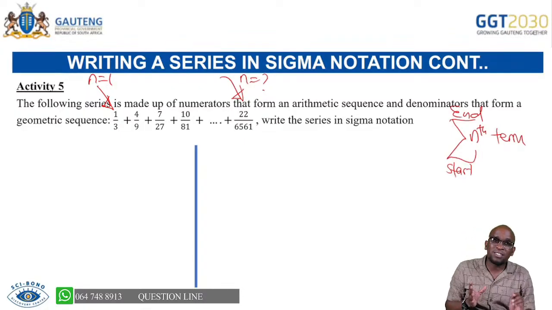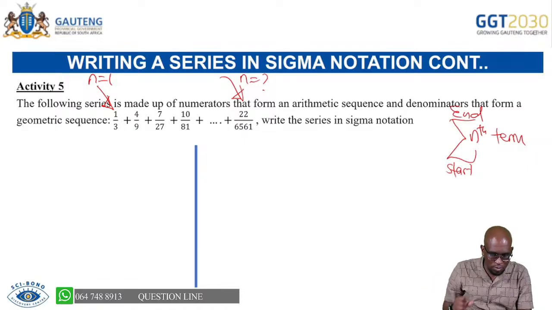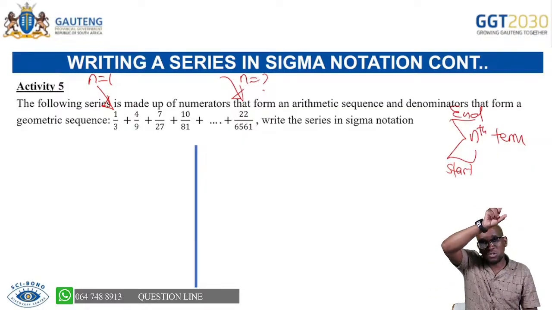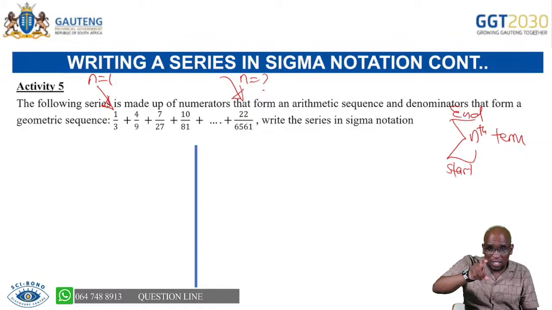So the nth term is quite tricky because we have numerators being arithmetic and denominators being geometric. So it means we have to determine the nth term for the numerators and the nth term for the denominators. That's how we should be thinking about it.